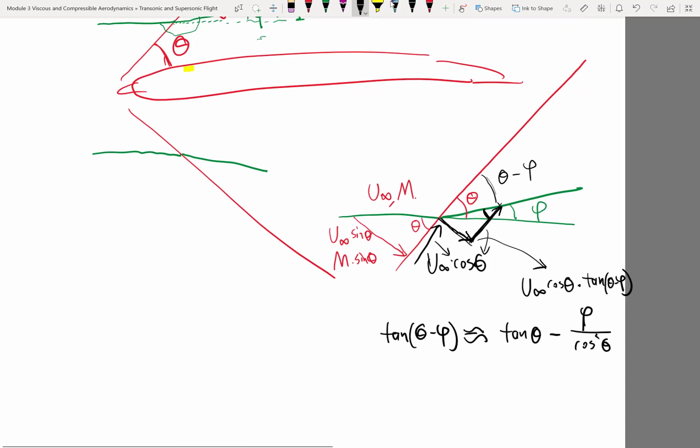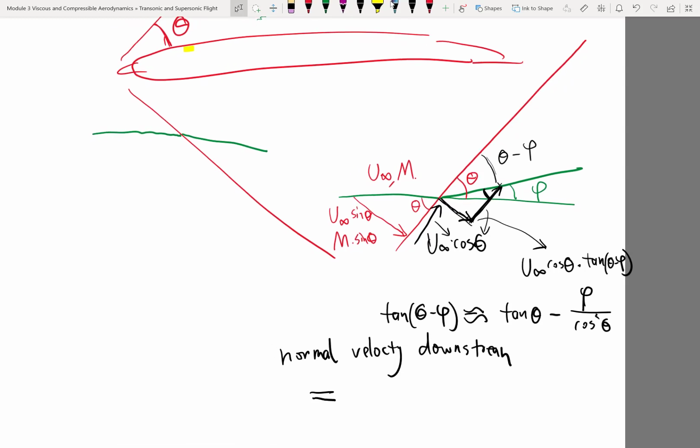So plug this in, the normal velocity downstream can be written as a function of phi. It is equal to u infinity times cosine times tangent, which is going to be a sine, and then minus u infinity times cosine divided by cosine squared.